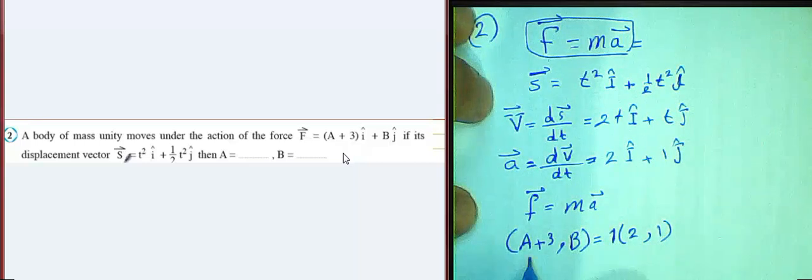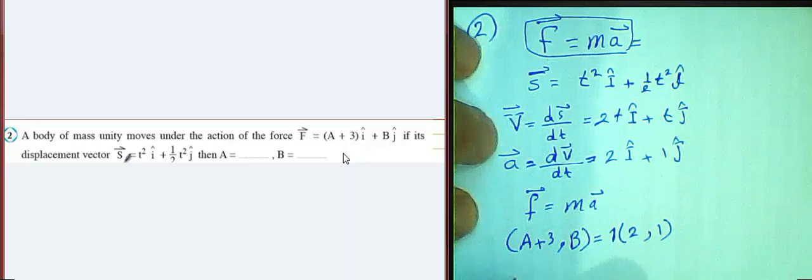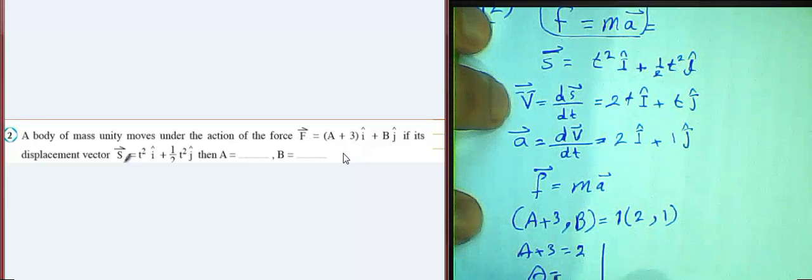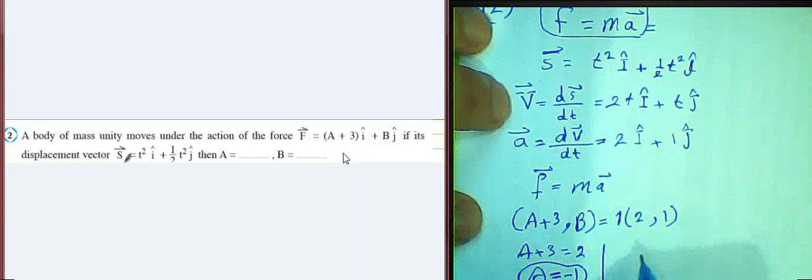Then a plus 3 equal 1 times 2 equal 2. We can compare here: 1 times 2 equal 2 and a equal -1. And here b equal 1 times 1, then b equal 1.